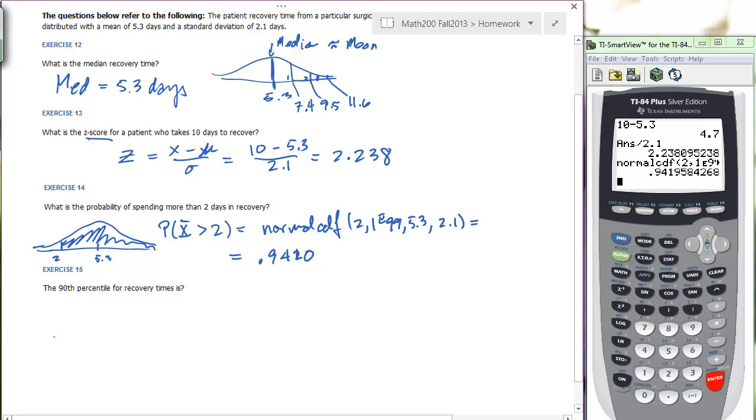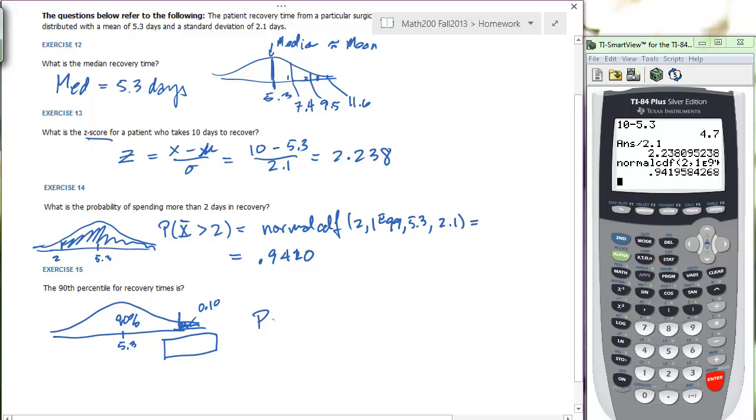The last problem here, the 90th percentile for the recovery time is how many days? So you got 5.3 here, and the 90th percentile would be somewhere over here, where this is 90%, and so this is 10%. It has an area of 0.1, and you want to know how many days is going to fall in there.